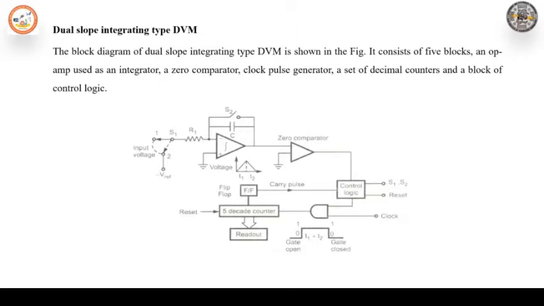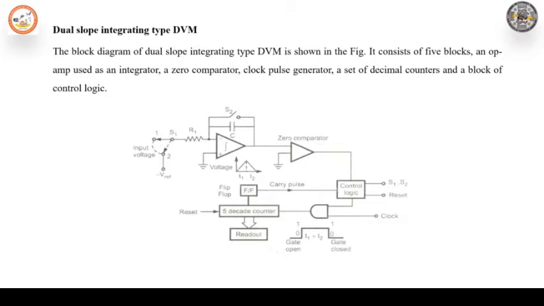The basic principle of this method is that the input signal is integrated for a fixed interval of time, and then the same integrator is used to integrate the reference voltage with the reverse slope. Hence, the name given to the technique is dual slope integration technique.